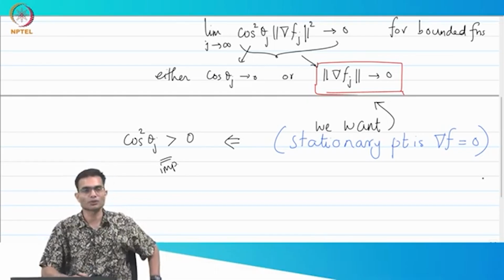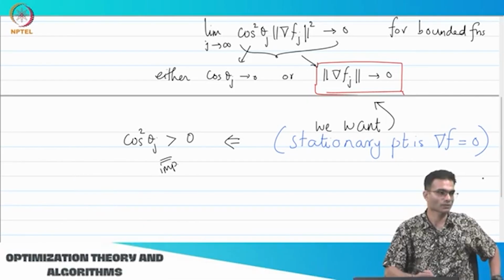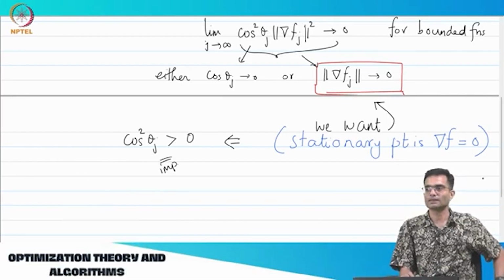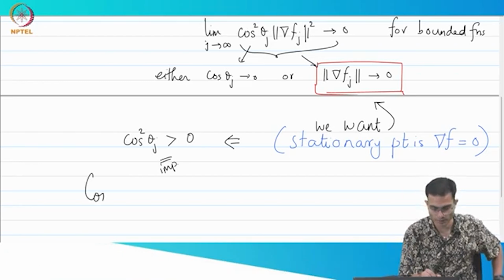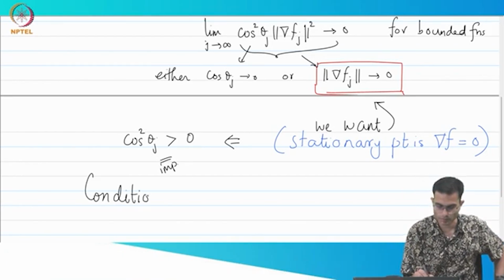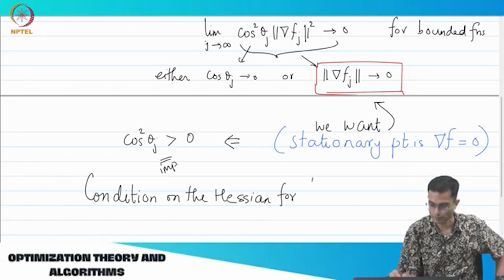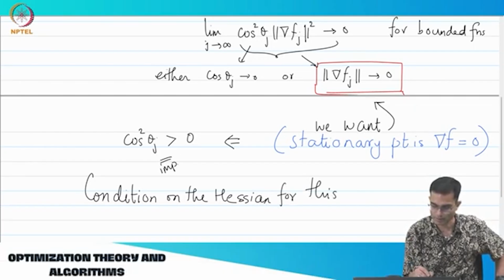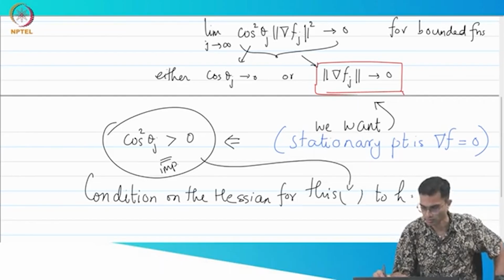So in the case of the Newton method, what ends up happening, it's quite easy to show, is that there is a certain condition on the Hessian. Okay, so there is a condition on the Hessian for this.